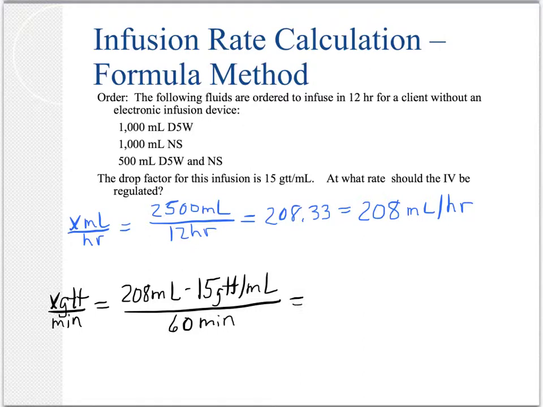Doing the math, 208 times 15 is equal to 3,120 divided by 60, which is equal to 52 drops per minute.